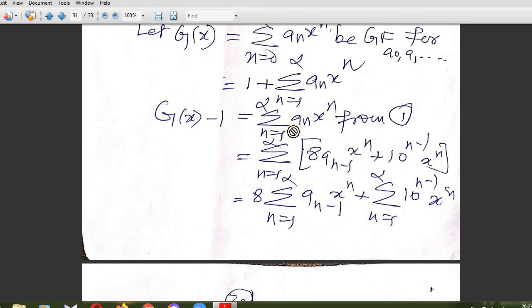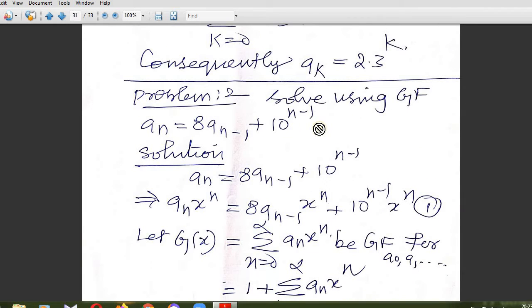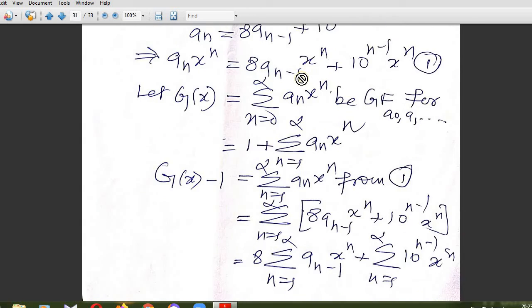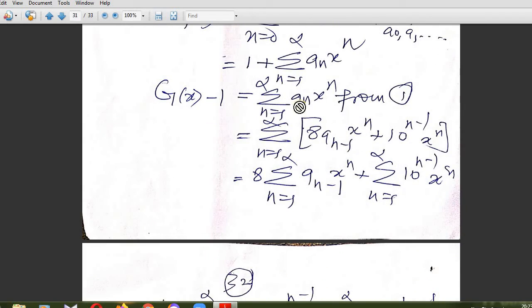But what is this a_n? From equation number 1, go back, you see there a_n equals 8a_(n-1) plus 10 to the power n-1. So in the place of a_n, we are substituting this.